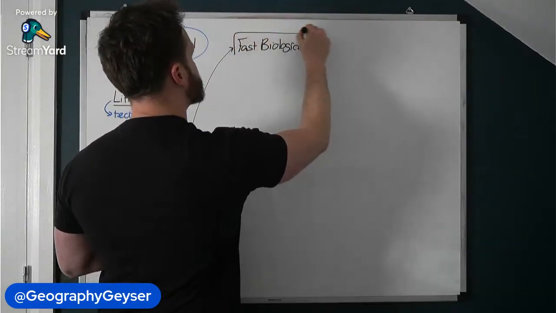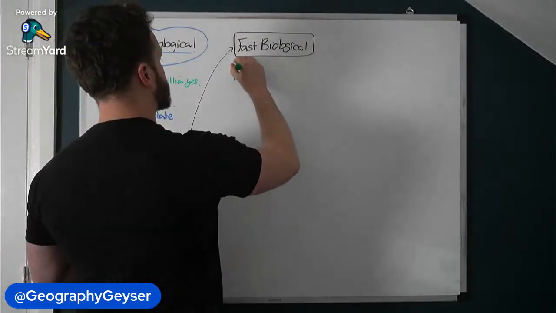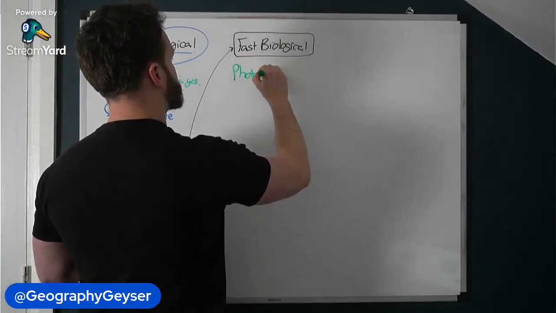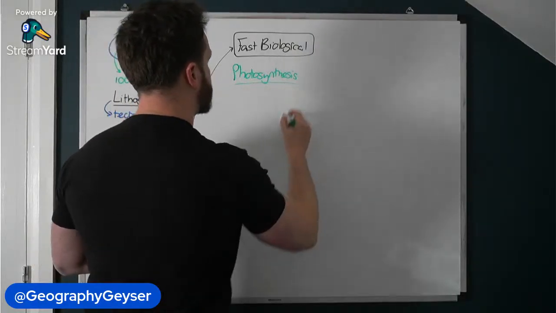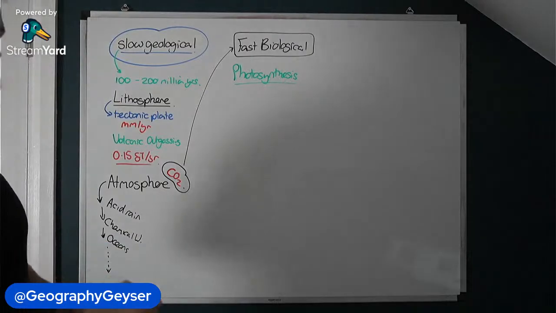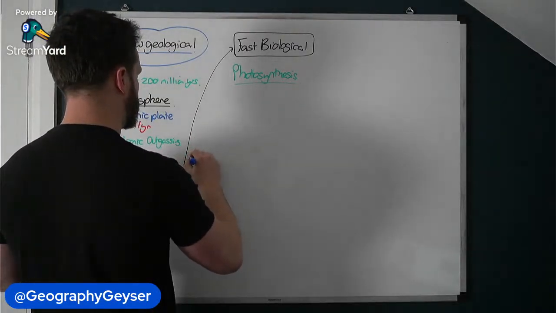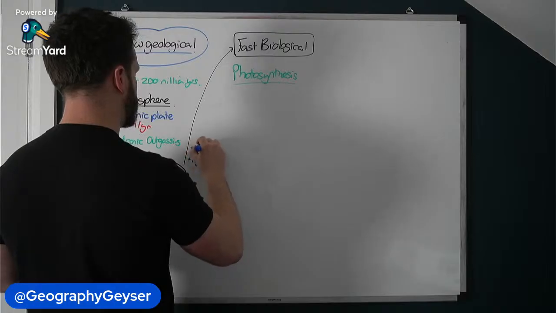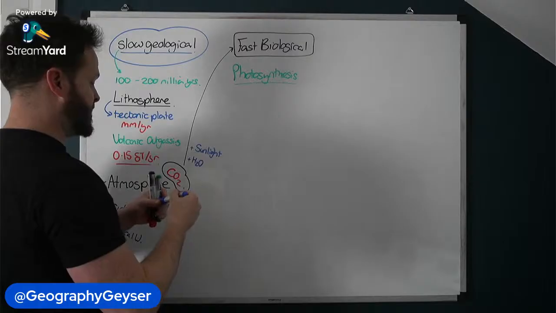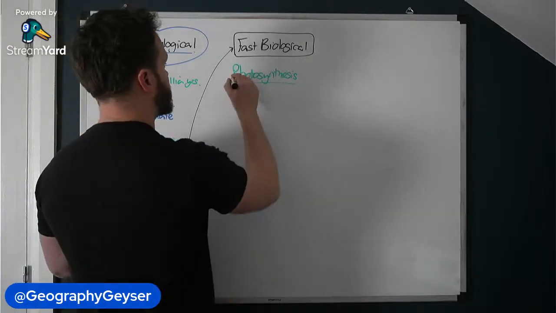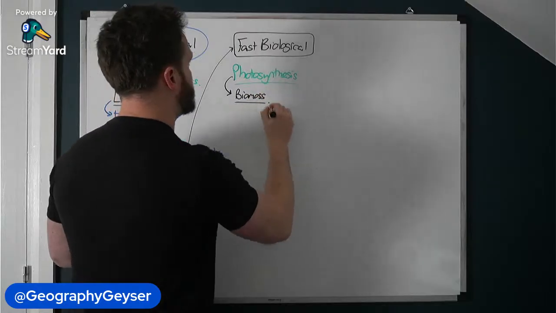The way this is achieved primarily is via a process that we all know, because we should have done this at GCSE in your sciences: photosynthesis. Photosynthesis is CO2 plus H2O plus sunlight, and what this does is lock carbon into what's called biomass.